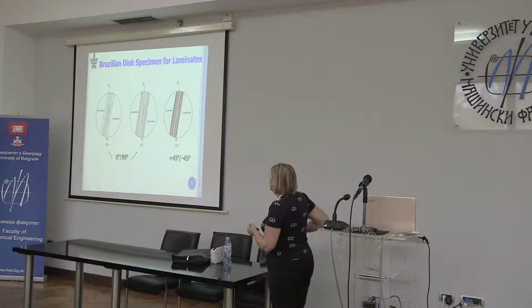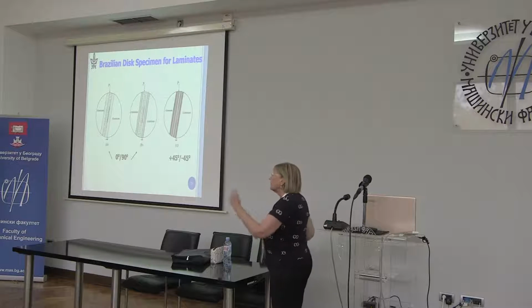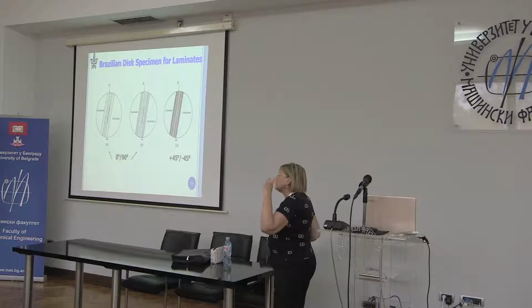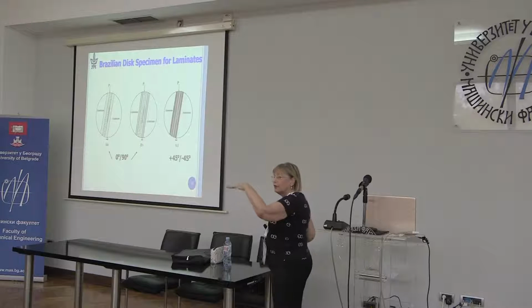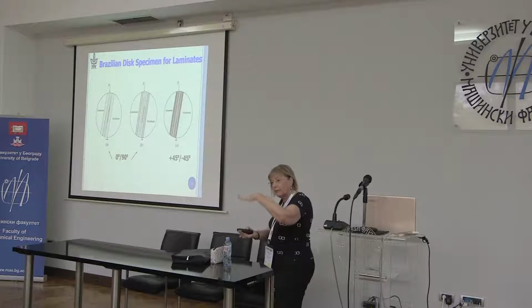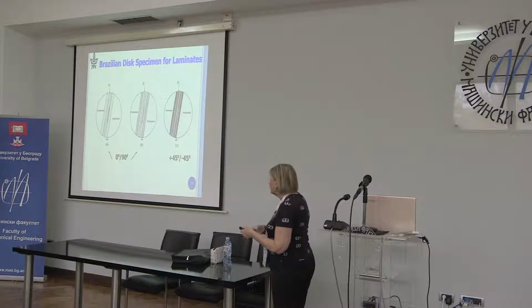So they made a laminate where there were 1/2 millimeter, this is 0, 90, 0, and outside they laid up about 5 millimeter thick plates, plus 45, minus 45, to keep everything so it wouldn't bend.